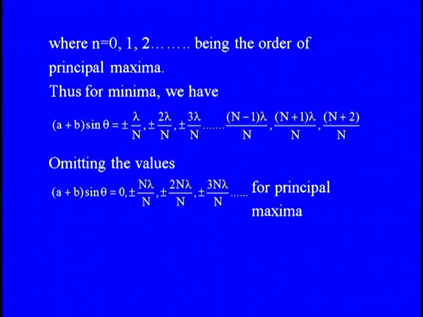Thus, for minima we have (A plus B) sin theta equal to plus minus lambda upon N, plus minus 2 lambda upon N, plus minus 3 lambda upon N, and so on, omitting the values (A plus B) sin theta equal to 0, plus minus N lambda upon N, plus minus 2 times N lambda upon N, and so on, which are the conditions for principal maxima.